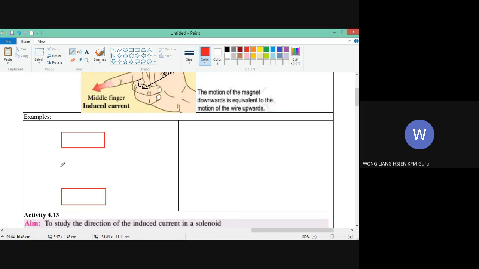This is the conductor. Conductor is in this direction. This is north, this is south. Find out the direction of the induced current. What is the direction of the induced current?